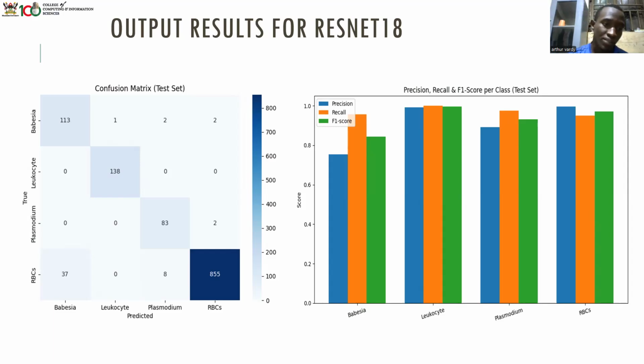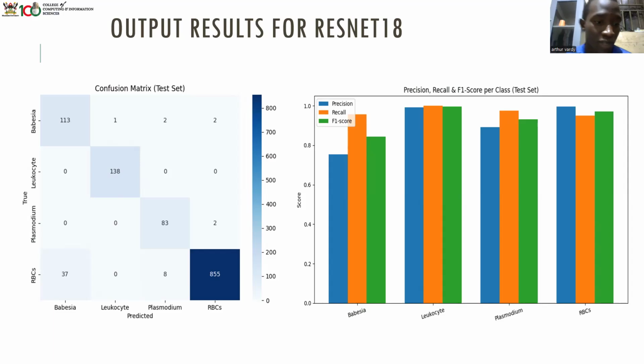And then for the plasmodium, there was little confusion, whereby 2 of the images were confused with the red blood cells, implying that our model can now differentiate between the cells, and understand that this particular image is not a Babesia cell, it is a plasmodium cell.